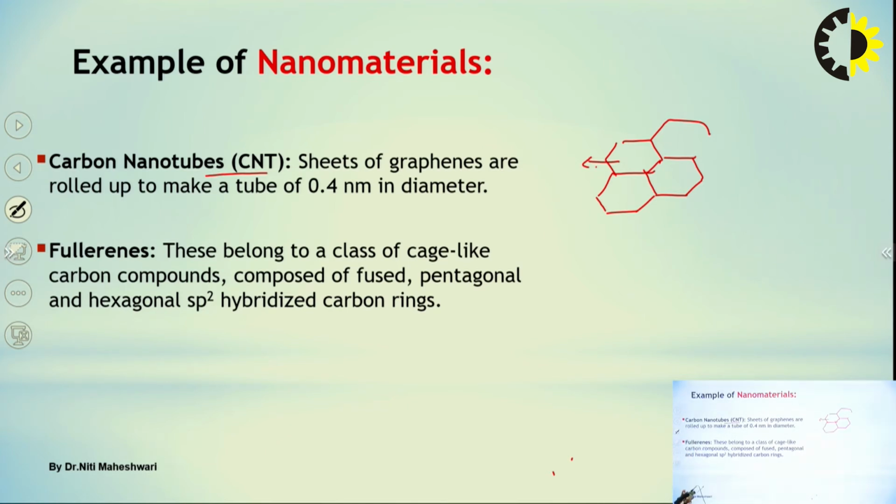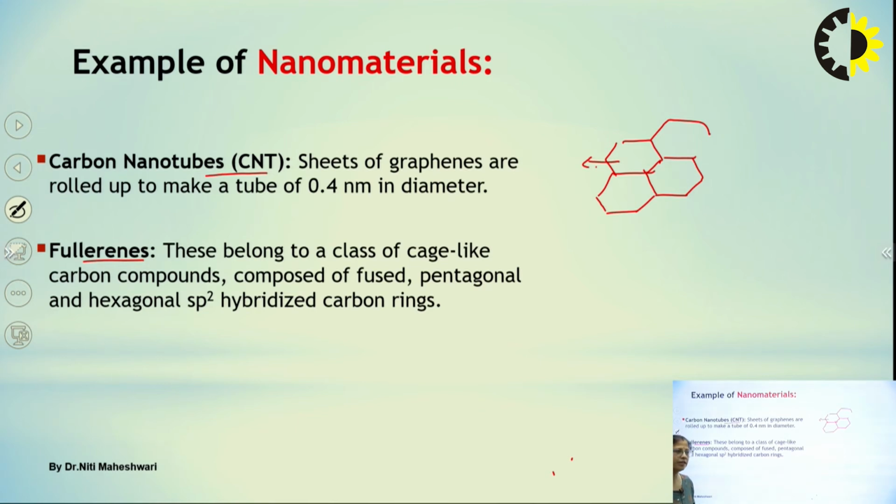The second example of nanomaterials that I am going to take is fullerene. Buckminster Fuller was the one who discovered fullerenes, and these fullerenes are prepared by vaporizing a graphite rod in a helium atmosphere, or you can say in the inert atmosphere.